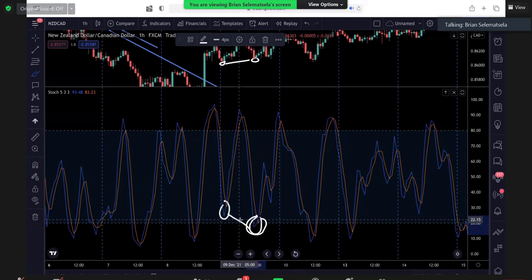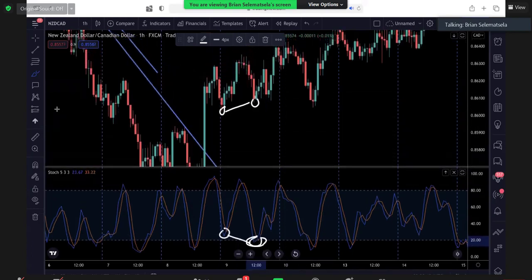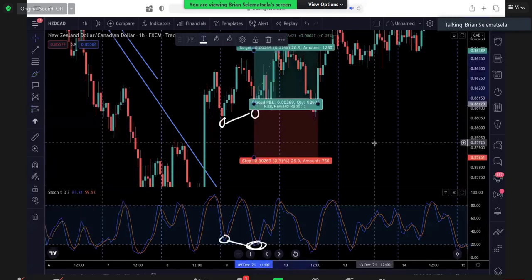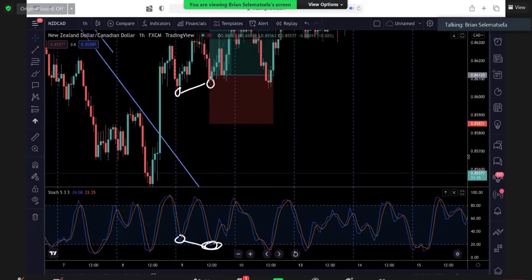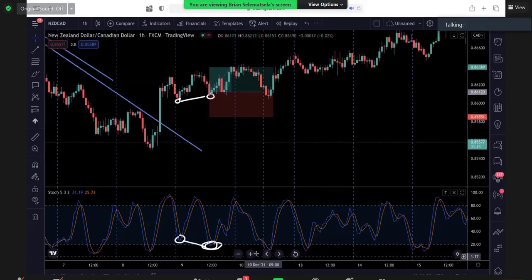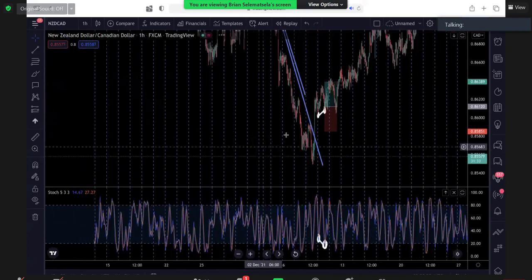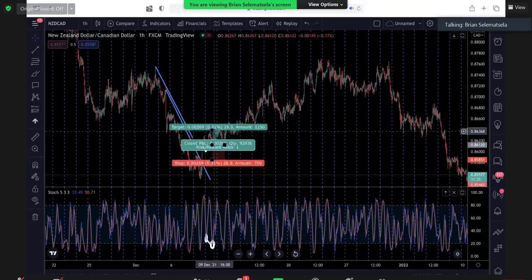Then that's when you start making your execution, and you'll be making it there. From there, the market will go in your direction, as you see it happened there.